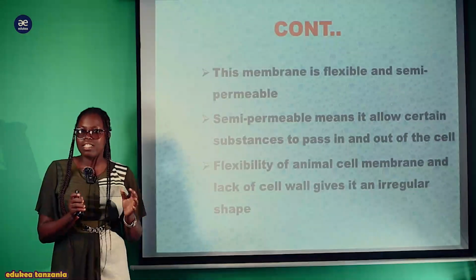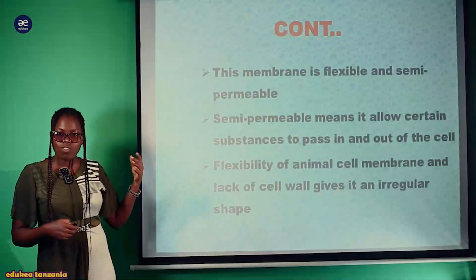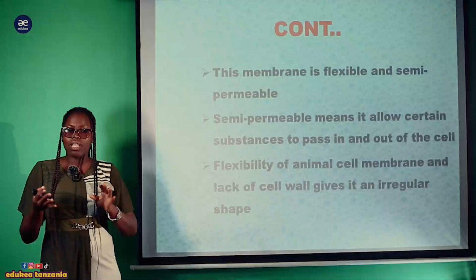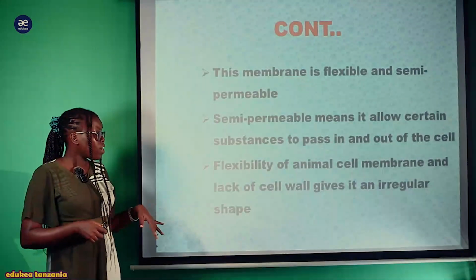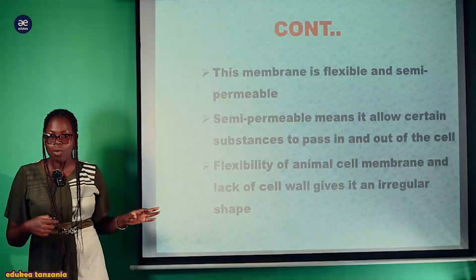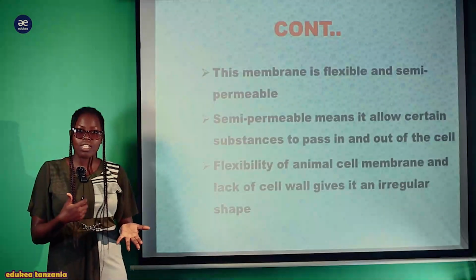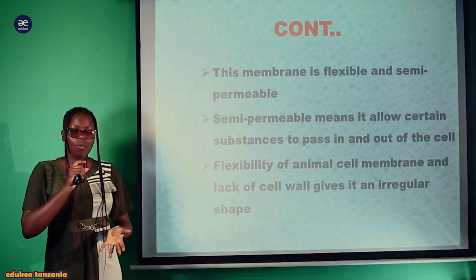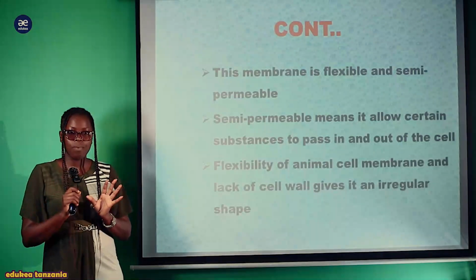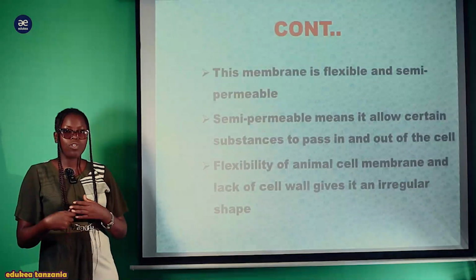It is like spherical but not a complete sphere, because of the flexibility, meaning that it can change shape irregularly depending on the type of animal it is. Why? Because the cell membrane is very flexible and also it has no cell wall, as we saw in the animal cell. The plant cell has a cell wall which is very rigid, which provides a firm shape that cannot change, and so this makes the plant cell have a fixed shape which is not irregular. The plant has a regular shape.